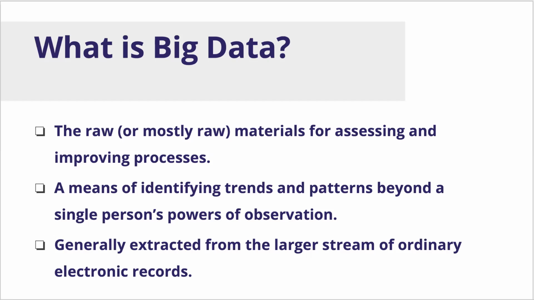So one of the things that happens is that you start by having data that's being collected anyway. And then you find a way of zeroing in on the things that you want. And so you're usually extracting the data you work with from a larger stream of ordinary electronic records. And if you think about it in a healthcare context, because of HIPAA and other things, you don't want to just be handing off patients' raw data to anyone on the street. Well, there's a lot of private information there, and there are good reasons why that shouldn't be spread around.